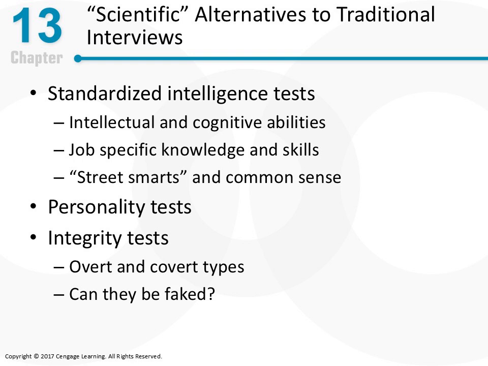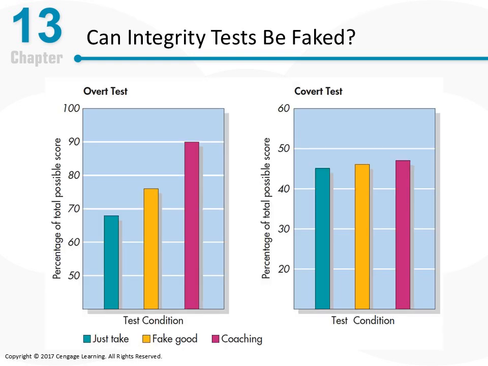One option is standardized testing. This includes intelligence tests, job-specific knowledge assessments, personality tests, and integrity tests. But caution is warranted. Some of these tests can be easily manipulated, namely personality and integrity tests. This chart shows that applicants can more easily lie and guess the preferred answer on an overt test that explicitly asks questions about how honest they are.